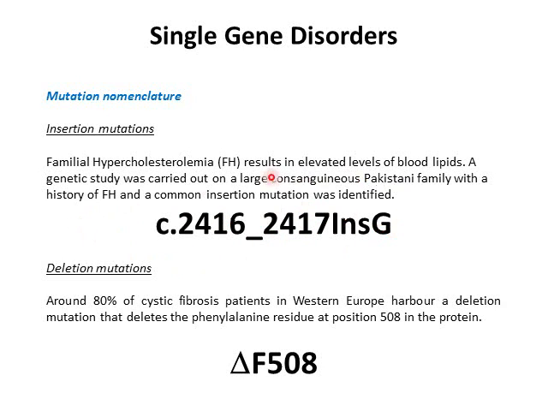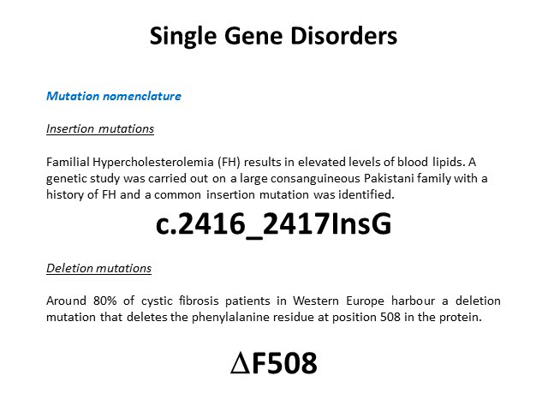What this represents is the insertion of a guanine nucleotide between nucleotides 2416 and 2417 in the coding region of the actual FH gene. So that means the actual coding sequence of the DNA, not the genomic sequence which will encode the introns and the exons. This is just the coding sequence of the DNA for the FH gene.